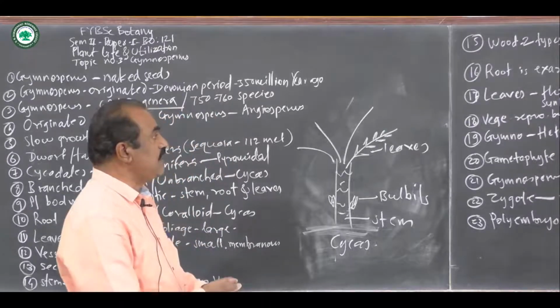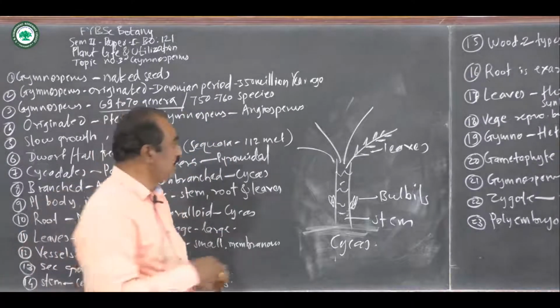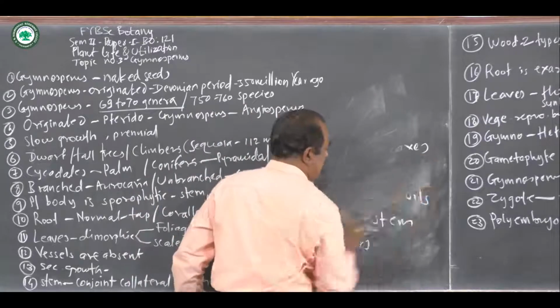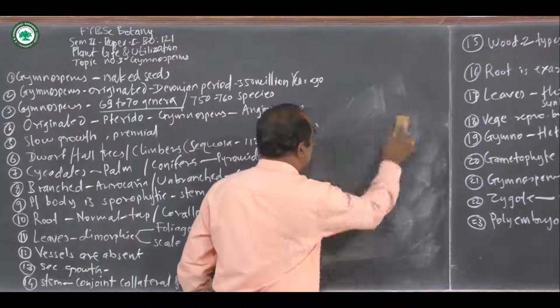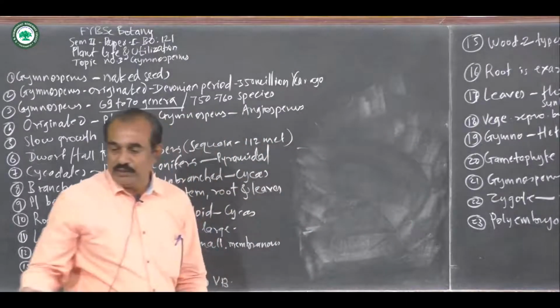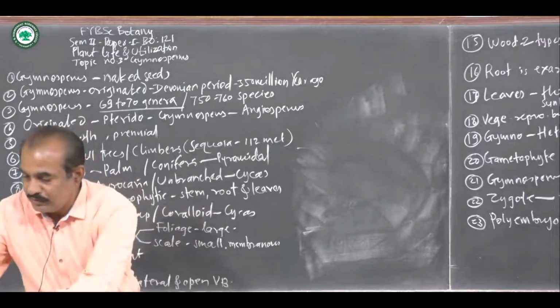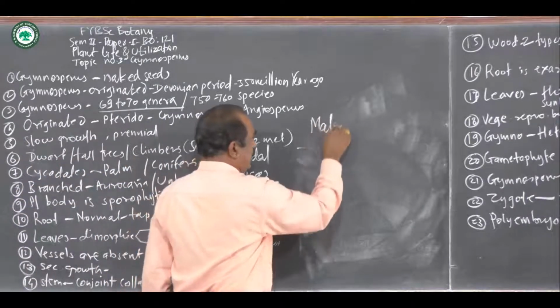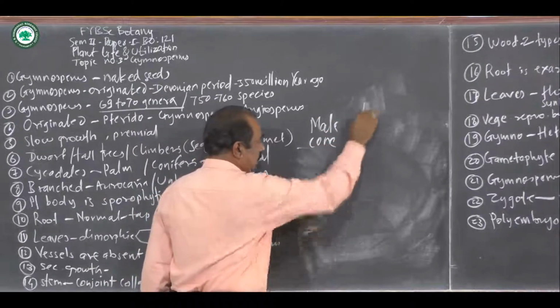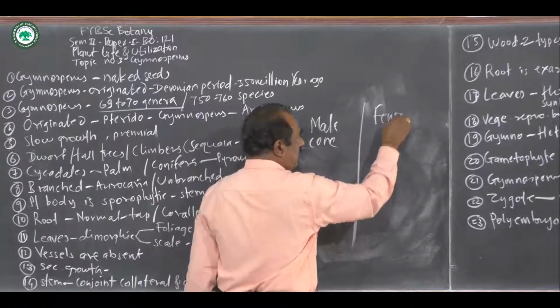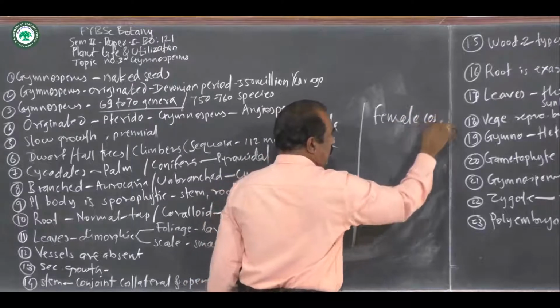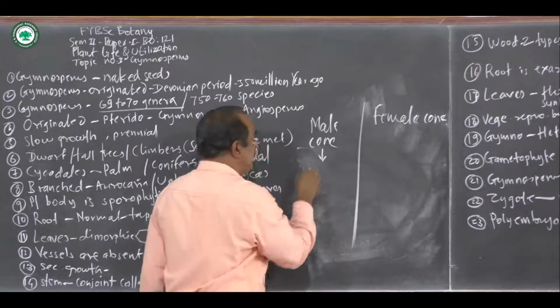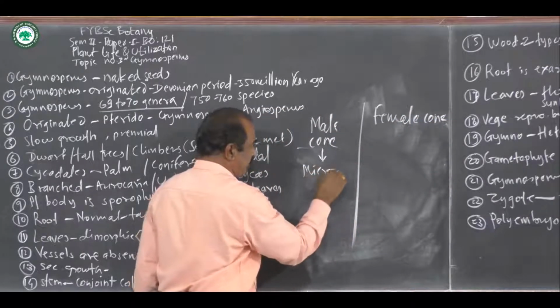Now gymnosperm is heterosporous. That means in the majority of plants there are two different types of cones, that is the male cone and the female cone. Now here there are the microsporangia.